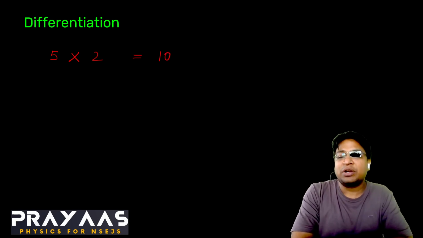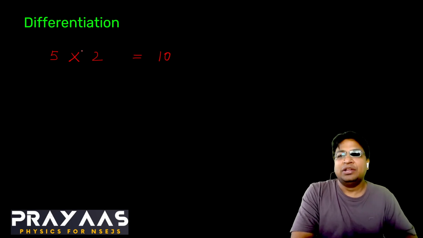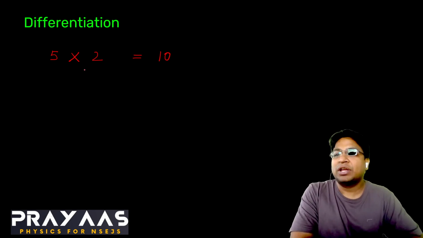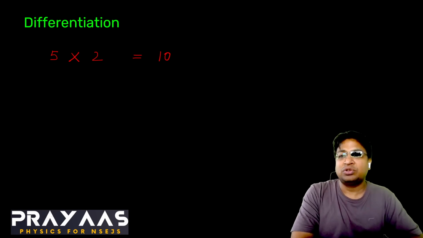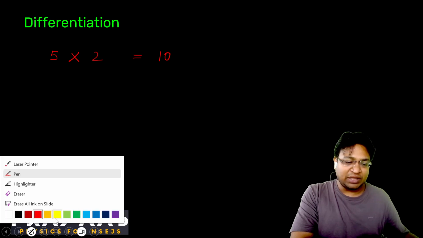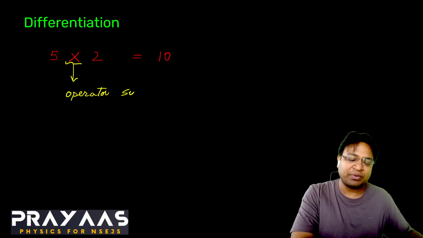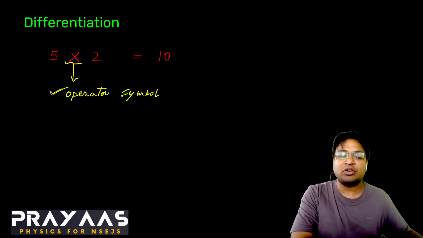So let's understand what exactly happened here. Until I wrote this symbol, you were not very clear with what would be the answer, but the moment I put a symbol here, you knew exactly what you should be doing, and you then did it, and gave me an answer. What I wrote here is called an operator symbol, which indicates an operation of mathematics.